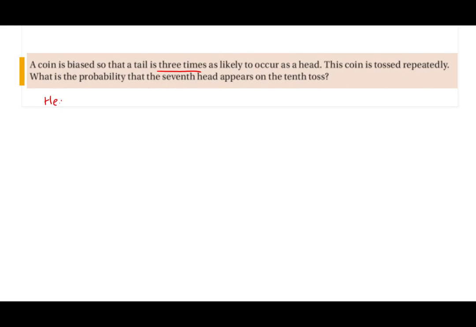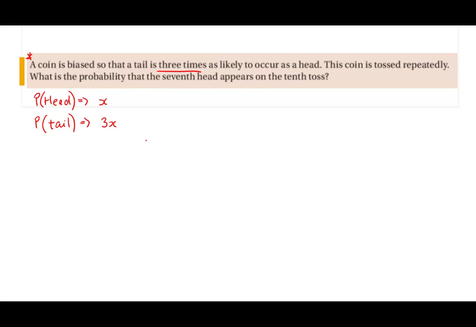So the probability of the head is equal to X, and then the probability of a tail is 3X. This bit is really important because these are the real tricky questions that will catch people out. So the probability of a tail is 3X.